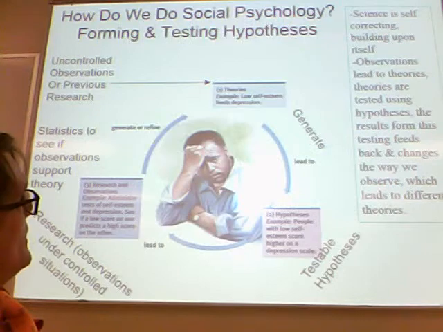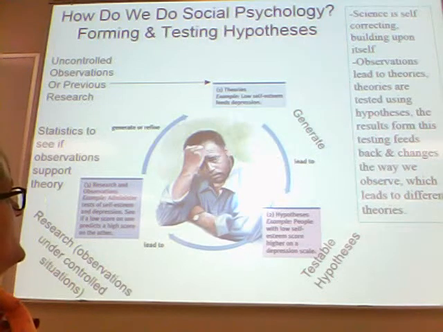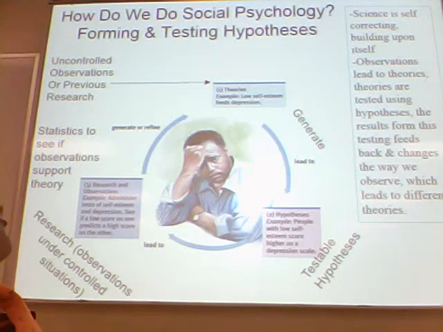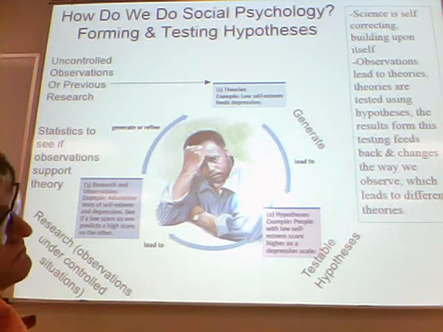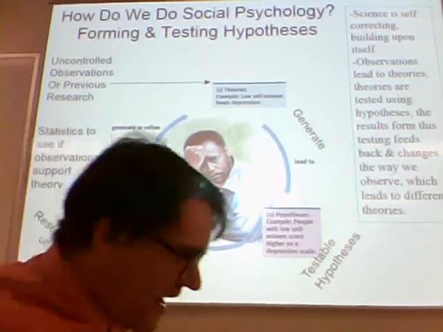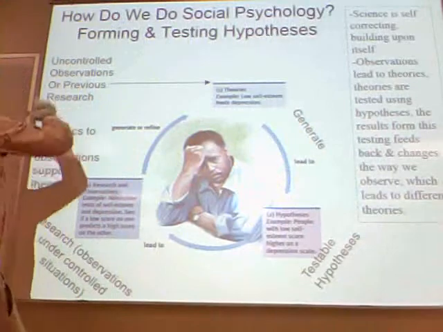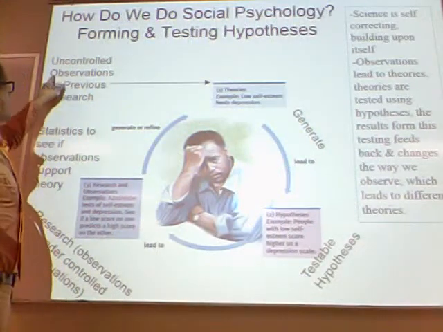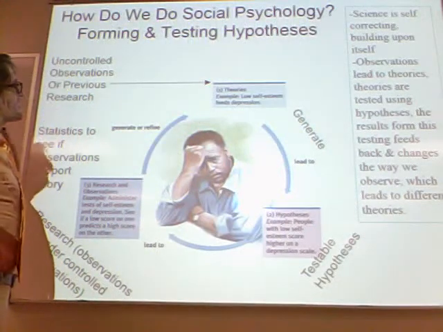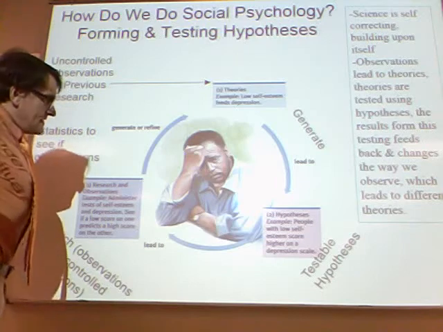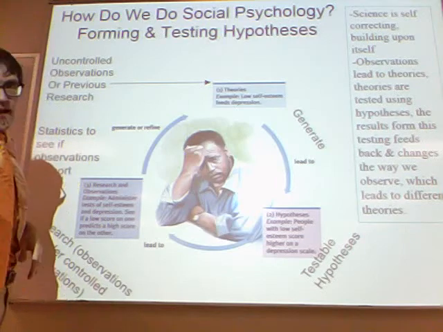So here is a little image which probably looks familiar because you've probably seen it in every single science course you've ever had. We find that all science starts with observations. First, we have uncontrolled observations. We see stuff. We go, oh, look at that, that's very interesting. Let's see if I can come up with a simple example.